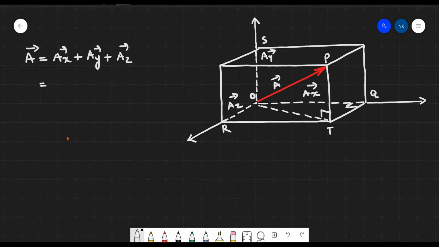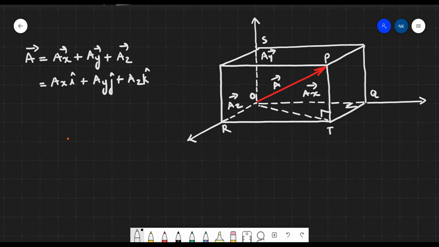This can also be written as Ax i cap plus Ay j cap plus Az k cap.